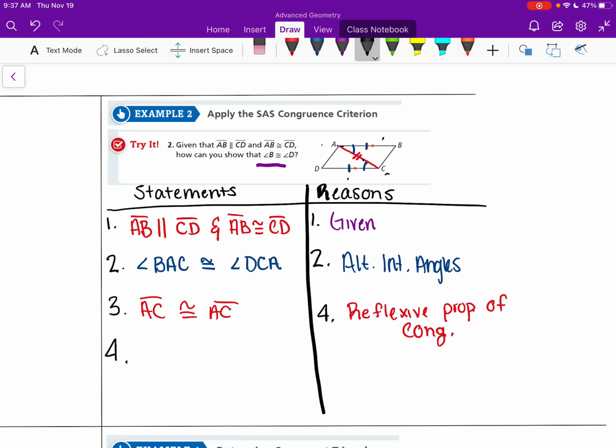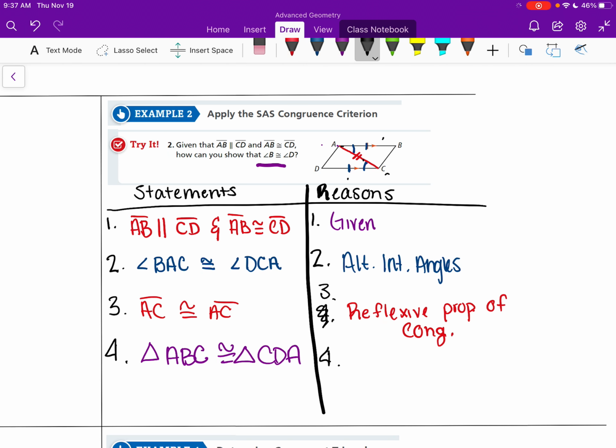So we can say we've proved now that, let me change colors, this is important, triangle ABC is congruent to triangle CDA. We can formally establish that these two triangles are congruent. This should be a 3.